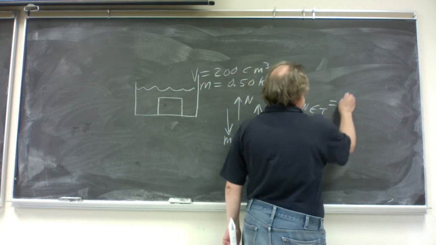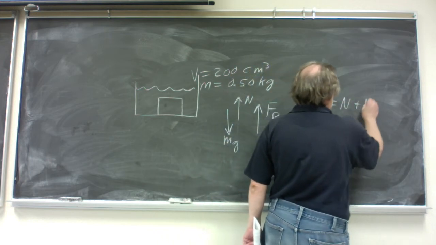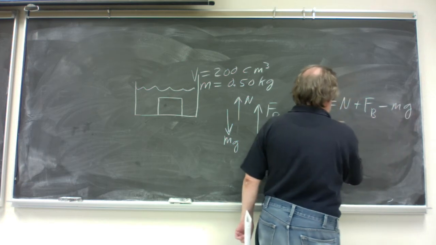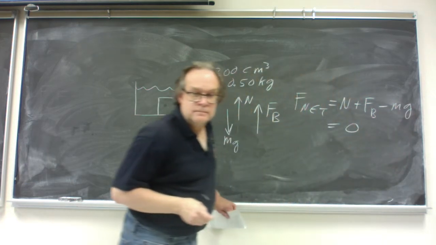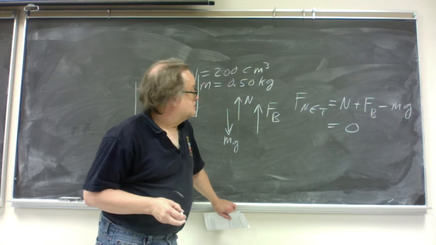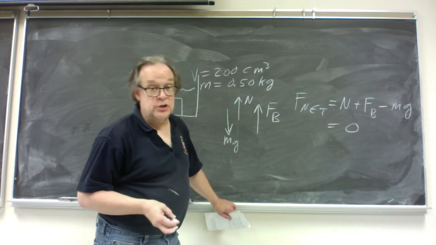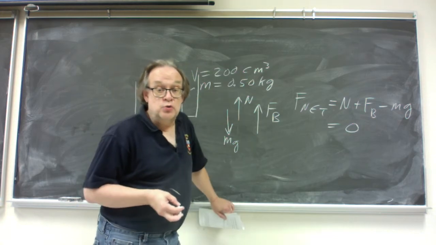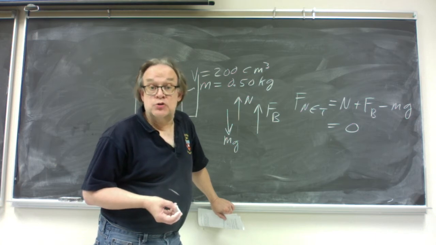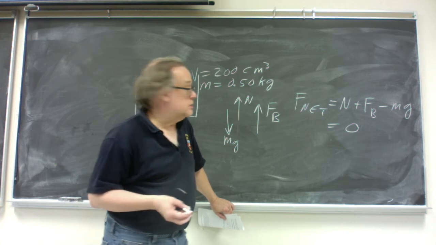In other words, we take all of the upward force minus all of the downward force. That all has to come out to zero. And that's enough information plus this to figure out exactly how strong that normal force is.